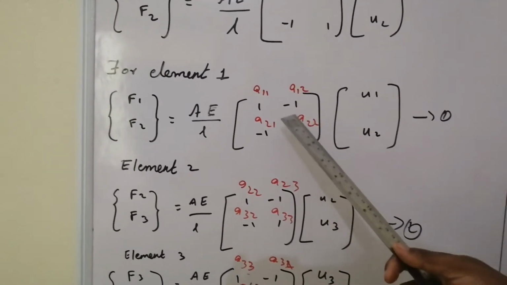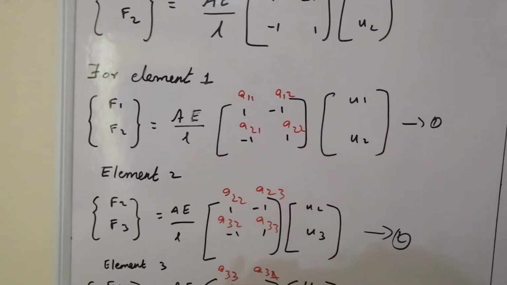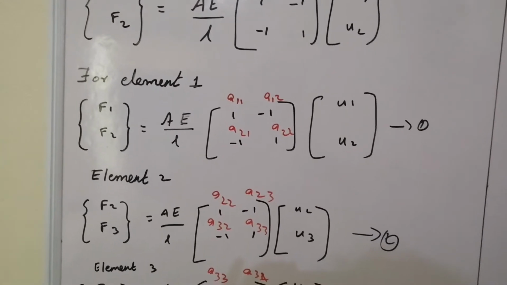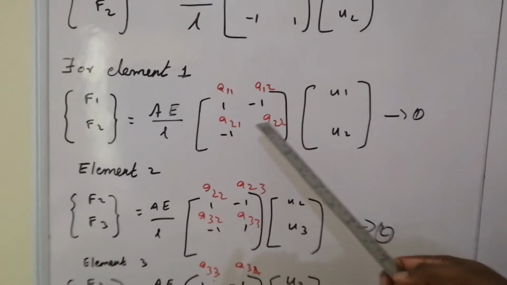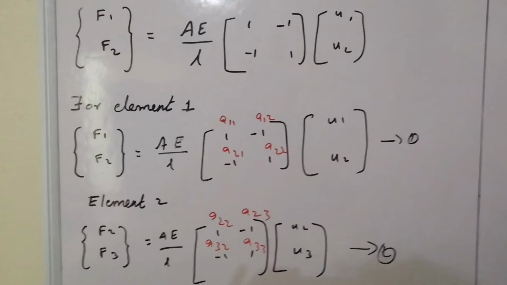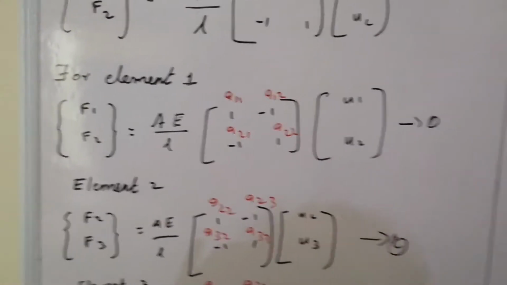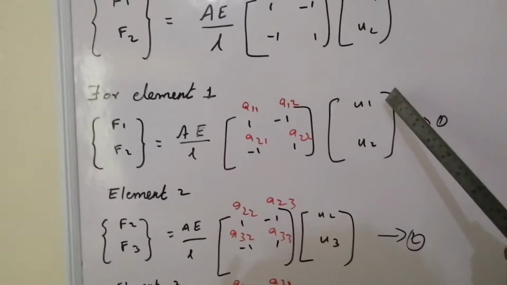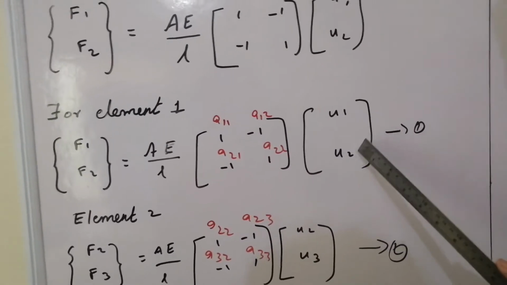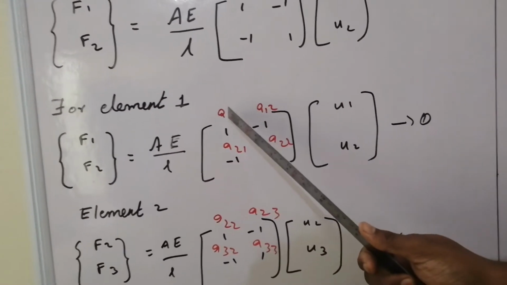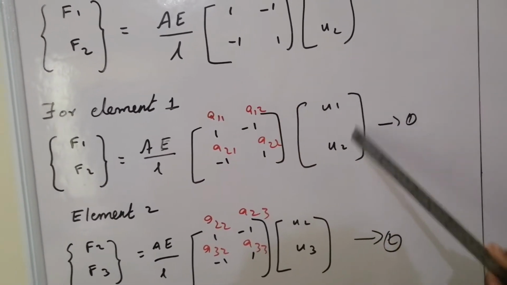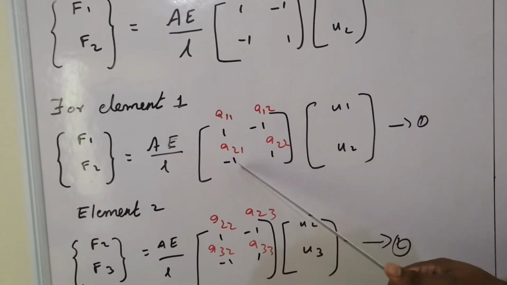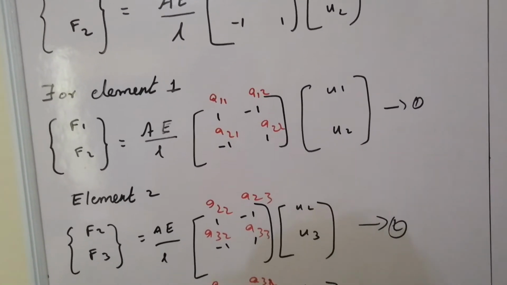If we get this wrong, the entire final equation that we get will be wrong, so we want to be careful while writing this. We name them A11, A12 because the nodes, the displacement functions, are 1 and 2. That is why we consider A11, A12, A21 and A22.